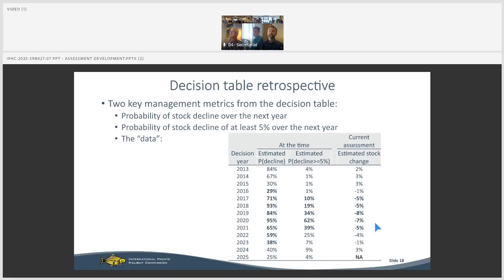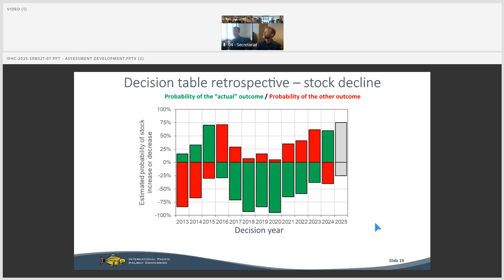Then I tried to come up with a way to plot this, and I probably spent 2 days trying to figure out how to make a graphic out of this that would show you something. So you may not like this at all, but this is what I came up with. For each decision year across the bottom here, each of these columns adds up to 100%.